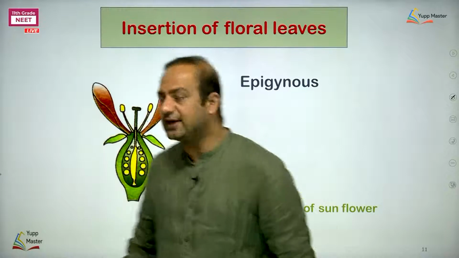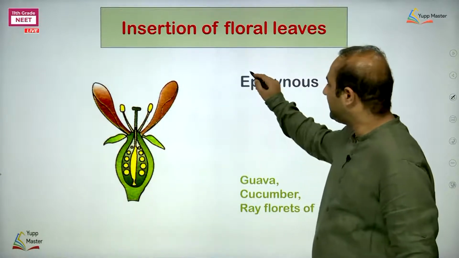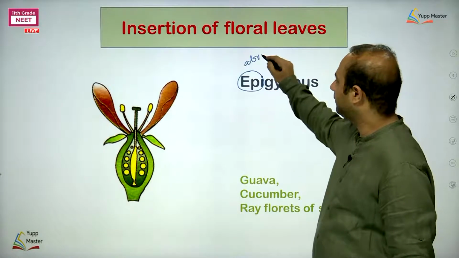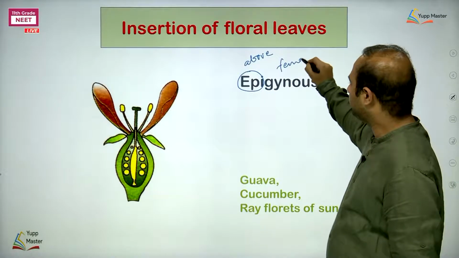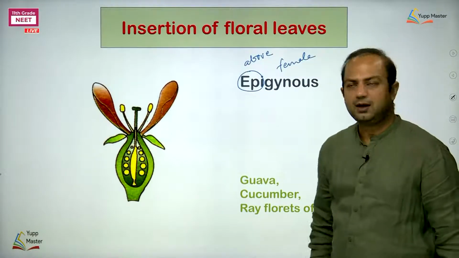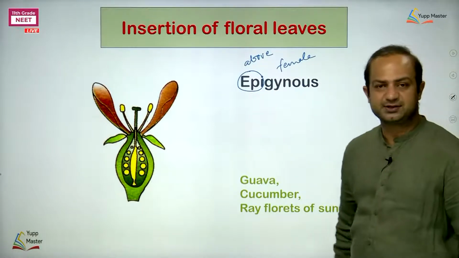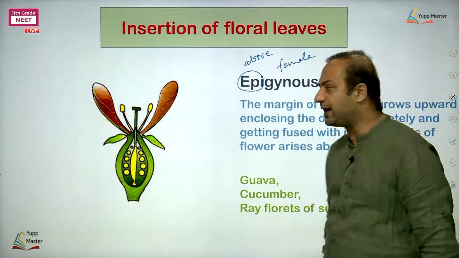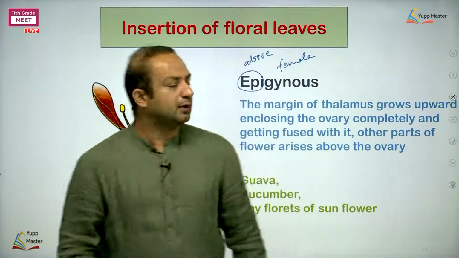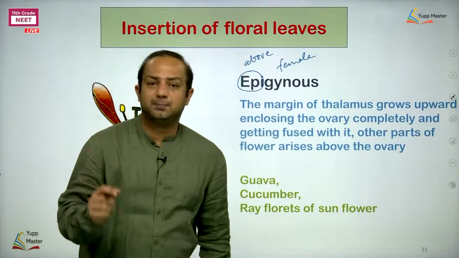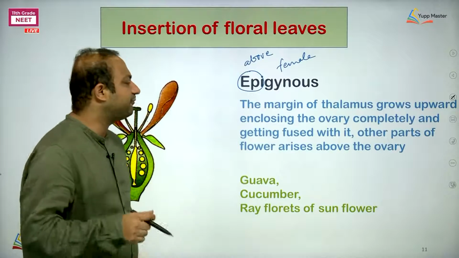So here I can say the floral leaves are epi, meaning above, and gynous means female. Okay, this is the condition, epigynous. When we talk about epigynous, we can mention that the margin of the thalamus grows upward, enclosing the ovary completely and getting fused with it.